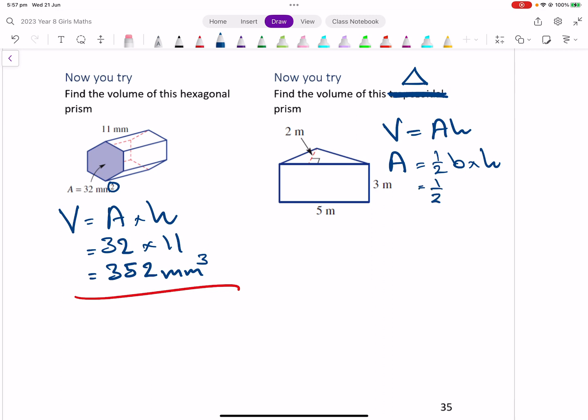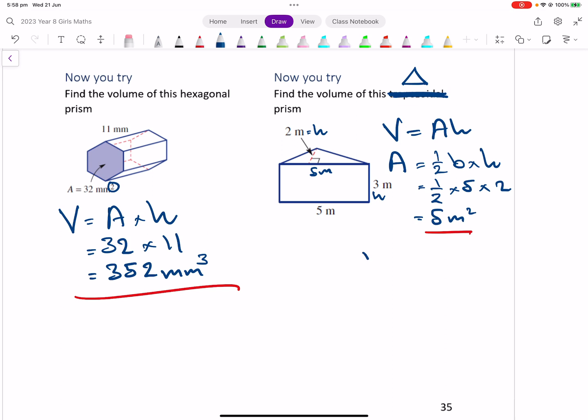Now the base here will be this length here, and I hope you agree that that's the same as that one. So he must be 5 meters. Half times 5 times, and in the case of the triangle, this is his H, 2, which is 5 meters squared. We measure area in squares. Now, this one is another H because he's the height of the prism.